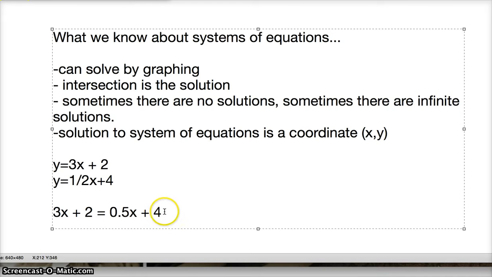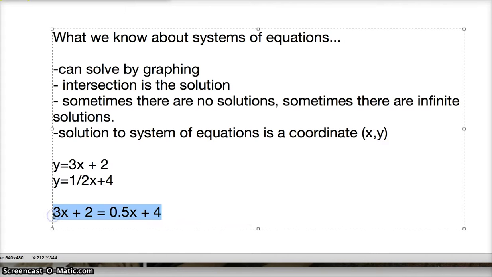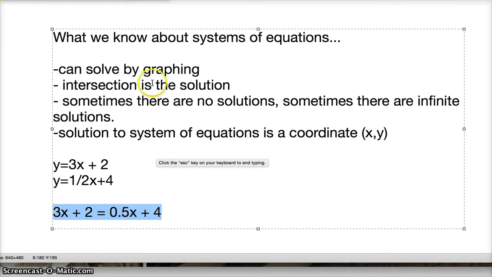I think this is what you had a homework assignment on. You had about 30 questions to solve that had problems just like this. And then you would find out if there was one solution, infinite solutions, or no solutions. That is why we did this. That's why you did that assignment and did so much practice on it, because this is vital for when we solve systems of equations.